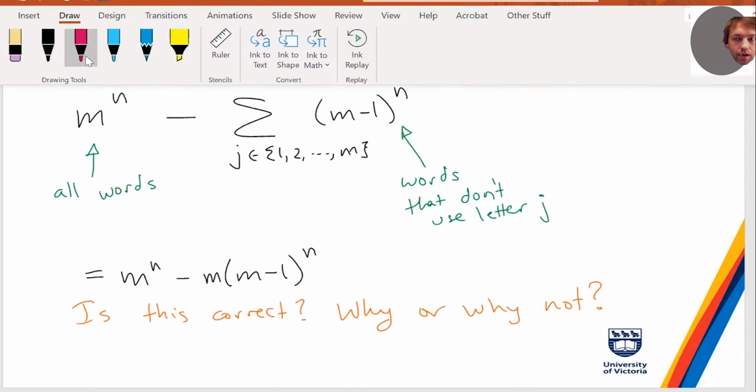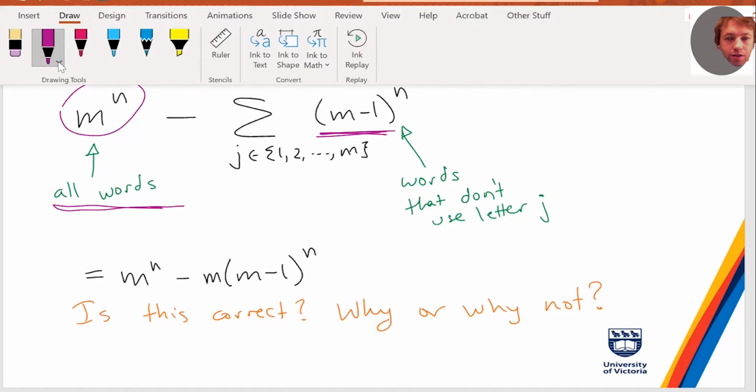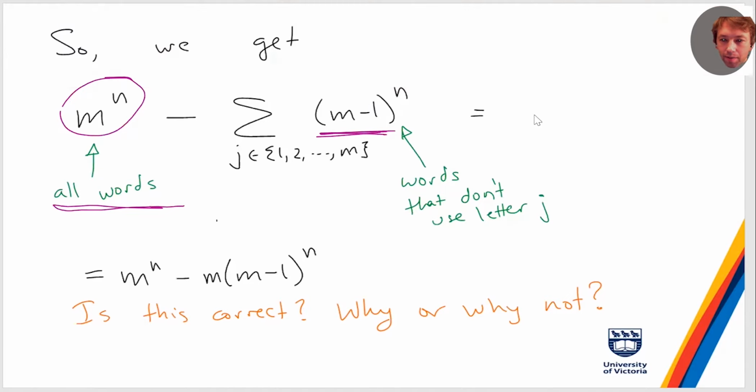So in other words, counting the complement, we count all the words, which is m to the n, and then for each j, I want to subtract the words that don't use j, and that doesn't depend on j. It's just (m minus 1) to the n for every value of j. So actually this just equals m to the n minus m times (m minus 1) to the n, because this m comes from summing over all j.